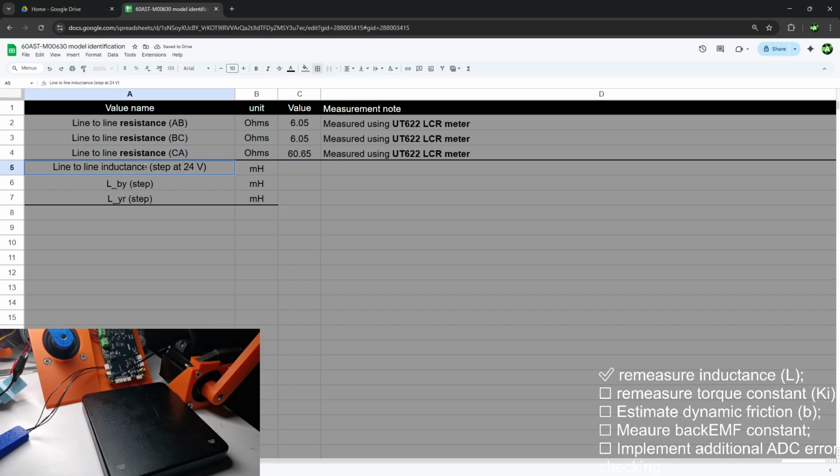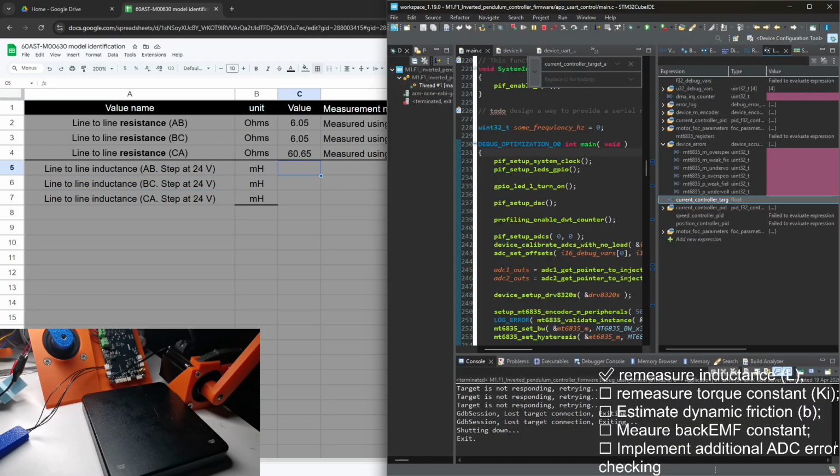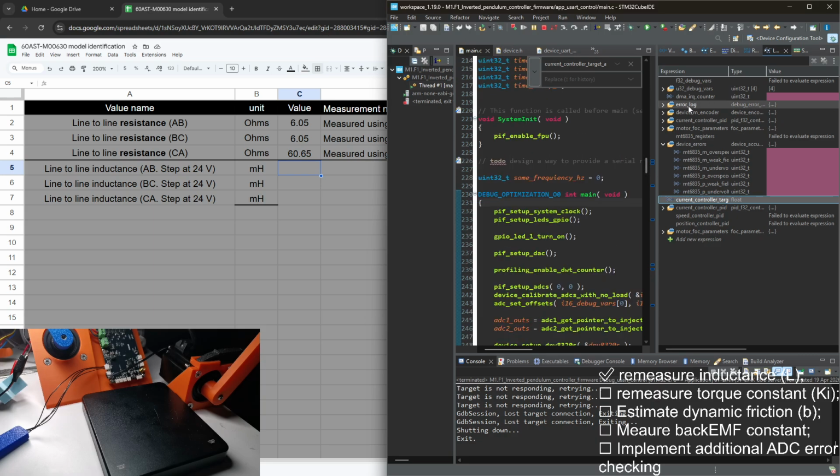Line to line inductance, AB dot step 24, like this and like that. It will be BC. This will be CA. Okay, millihenries is fine.